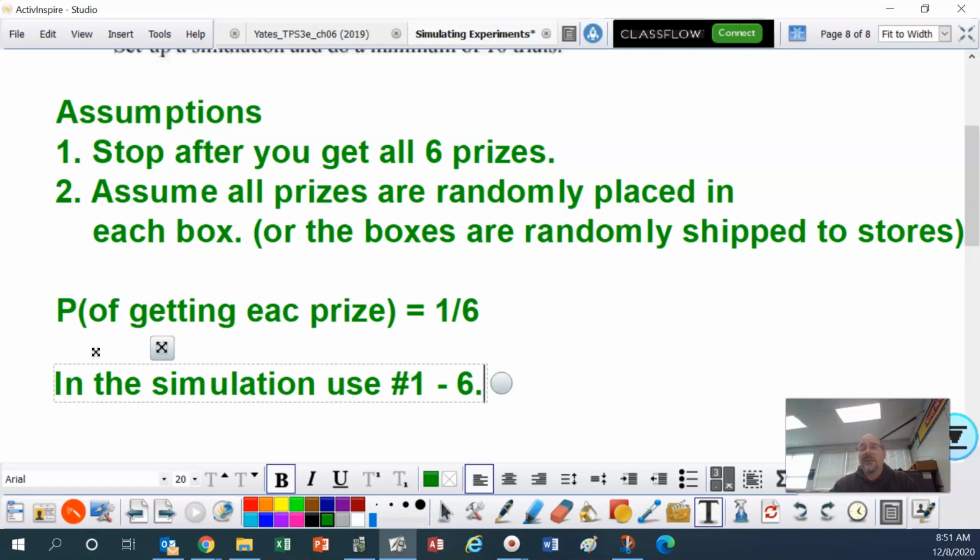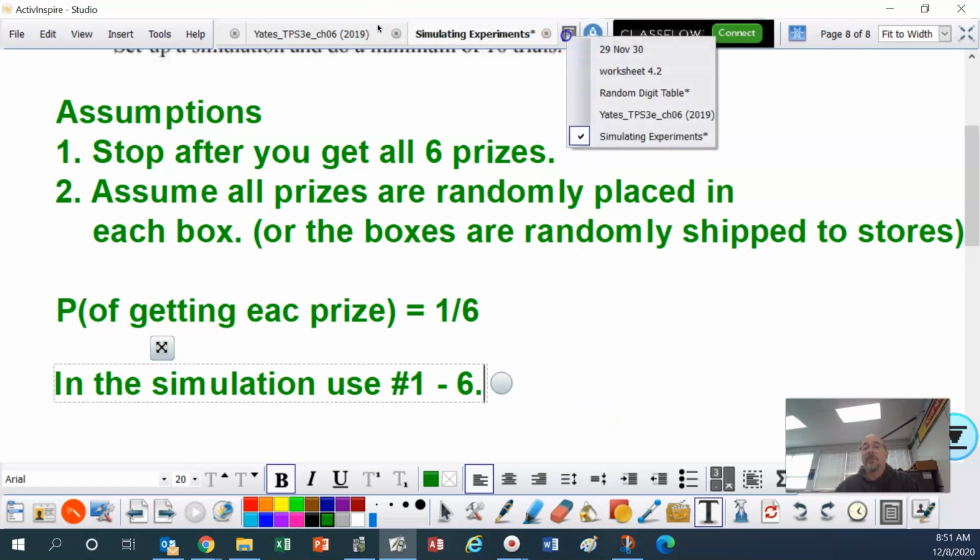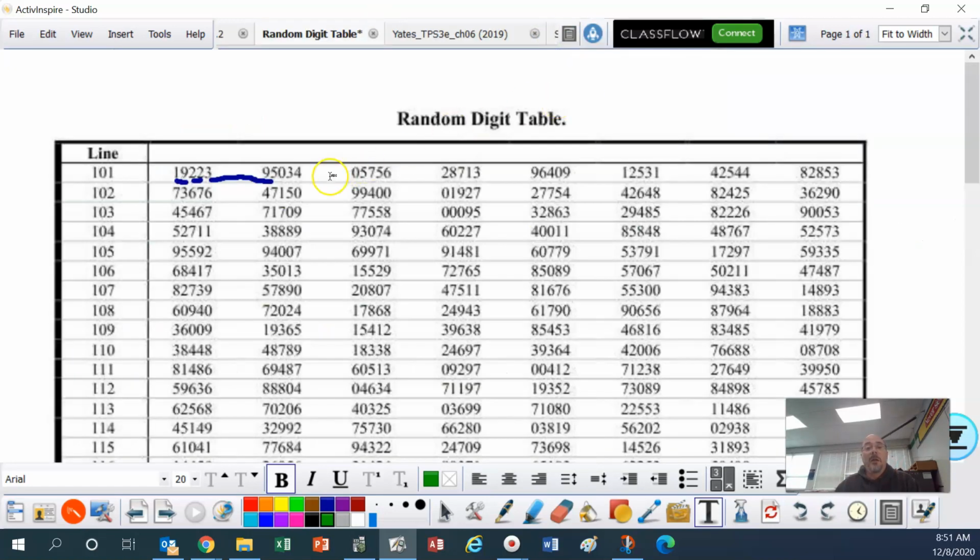So that means if we were using the random digit table, we would have to ignore or skip over the 7, 8, 9, and 0. If we run into a 7, 8, 9, or 0, we would just have to skip over it. There's no other way to set it up to be any more efficient.